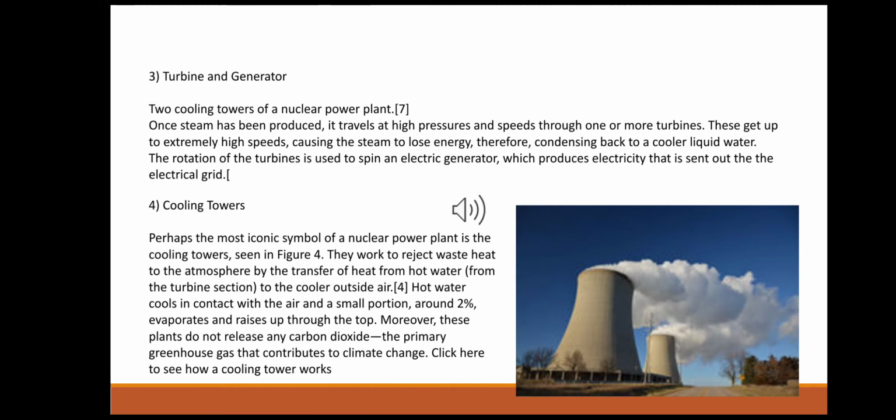Hot water cools in contact with the air and a small portion, around 2%, evaporates and rises up through the top. Moreover, this plant does not release any carbon dioxide, the primary greenhouse gas that contributes to climate change. Click here to see how a cooling tower works.